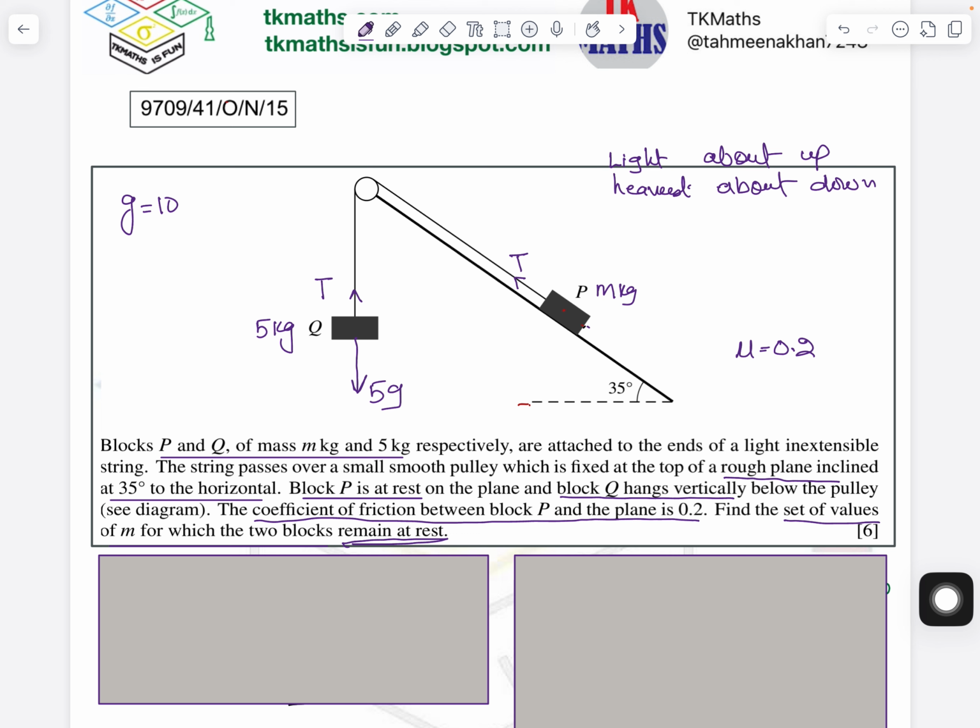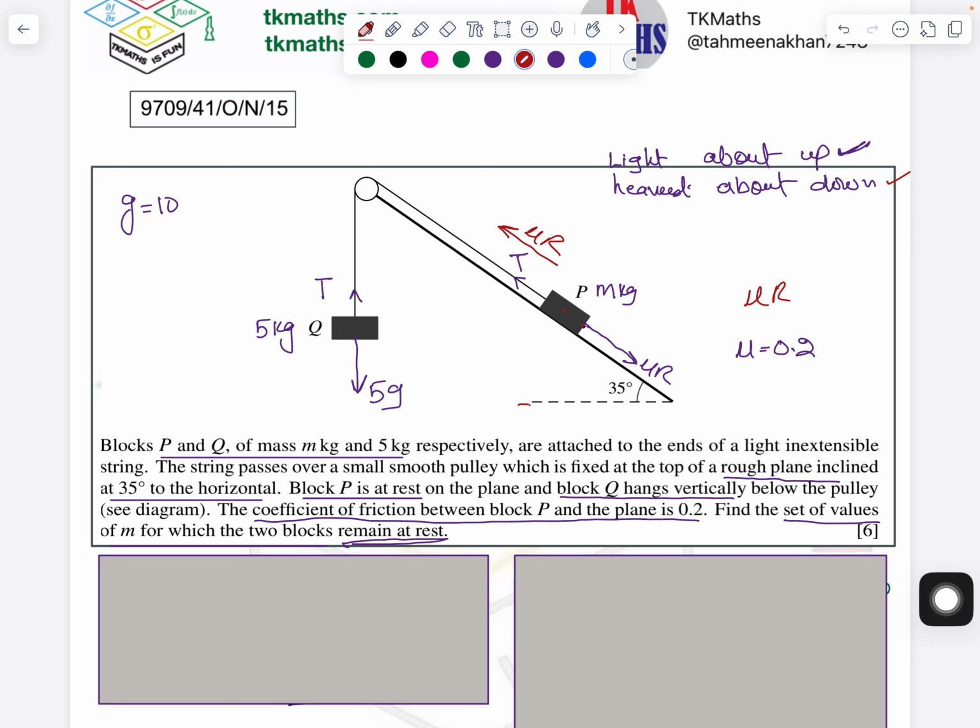Now, in the case when the object is very light and about to move up, the frictional force will be acting downward. If frictional force is acting downward, it means the object is about to move up, because frictional force is always in the direction opposite to the motion. But when the object is very heavy and about to move down, the maximum frictional force will be acting upward, and we know maximum frictional force is represented by mu R.